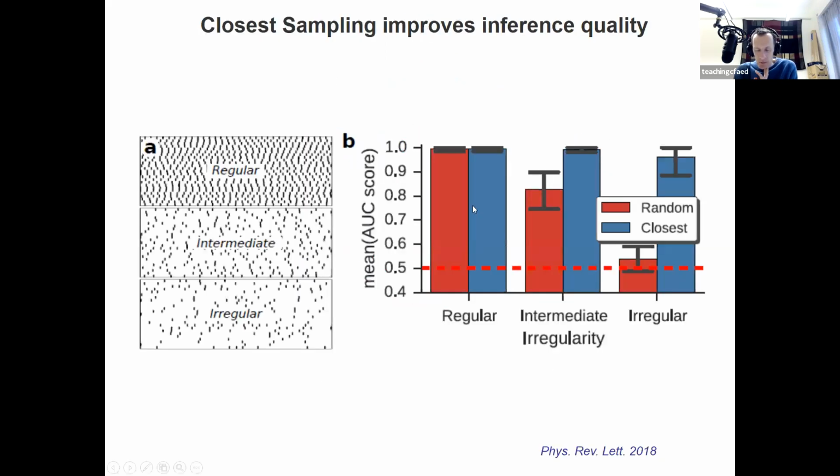That's this one. Random sampling is red. That's the quality again. AUC score 50% is guessing. And it doesn't matter if everything is nice and regular, because everything is close anyway. So the randomly sampled point would be relatively close to your offset point in any case.